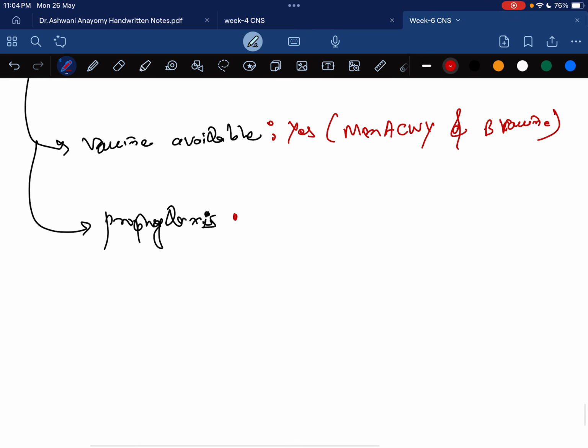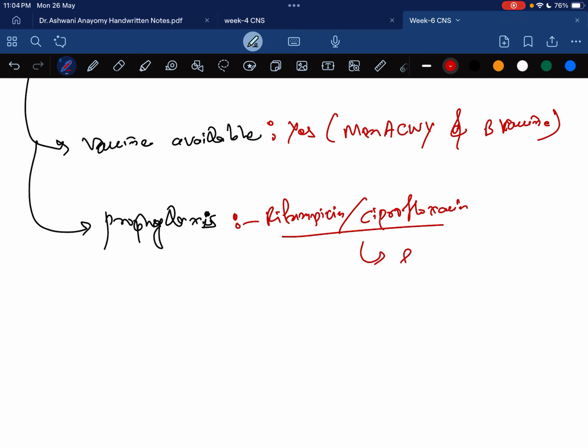And regarding the prophylaxis, we can use rifampicin or ciprofloxacin for contacts of the patient.